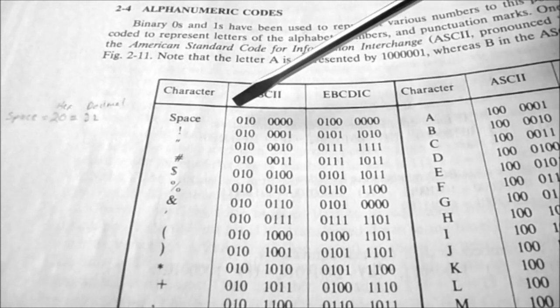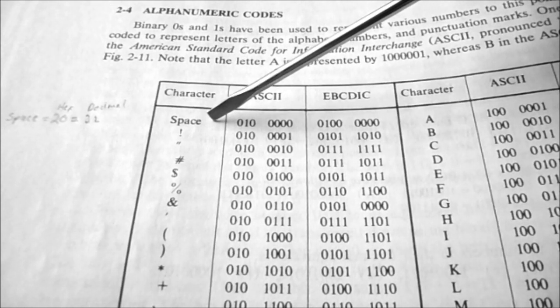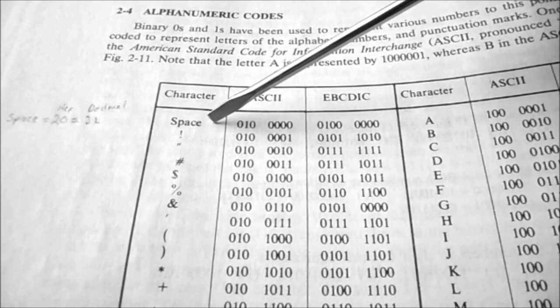So the number 32 in decimal represents the space character both on a keyboard and displayed on your computer monitor.